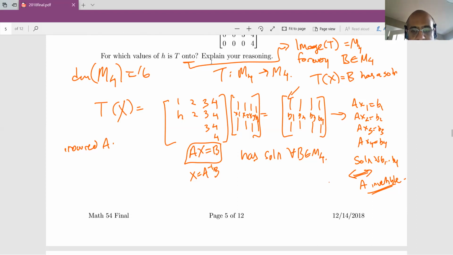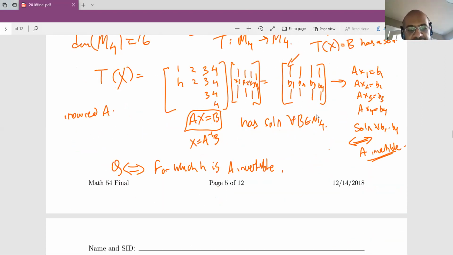So does that make sense? So really the question is equivalent to for which H is A invertible. And that you know how to solve. But most of the credit in the question was getting to that point and explaining why that's the case.